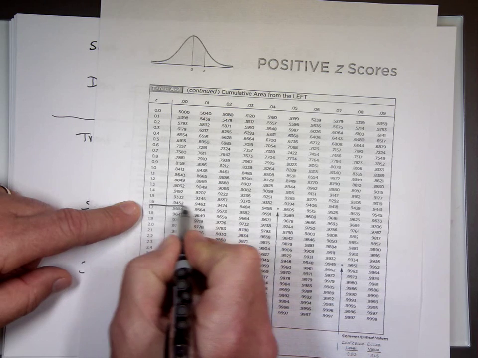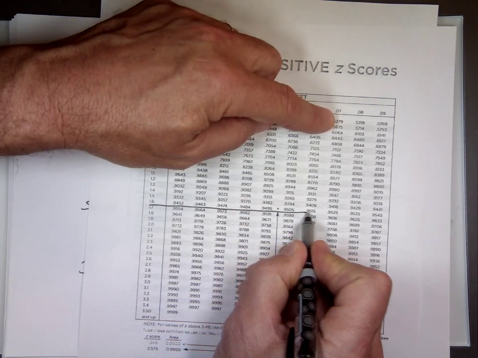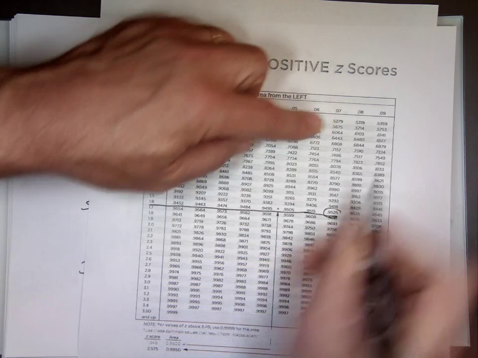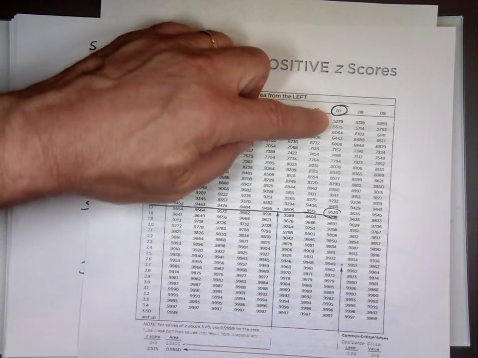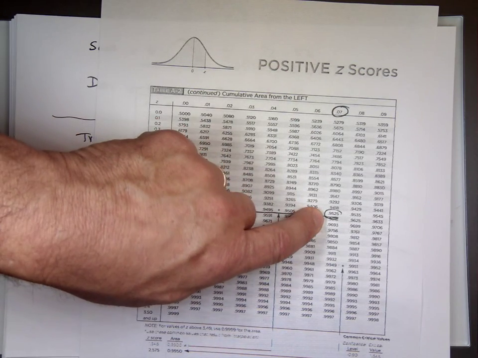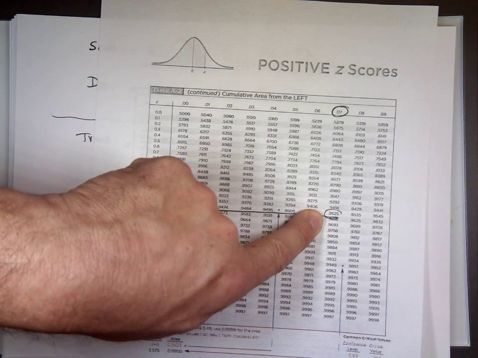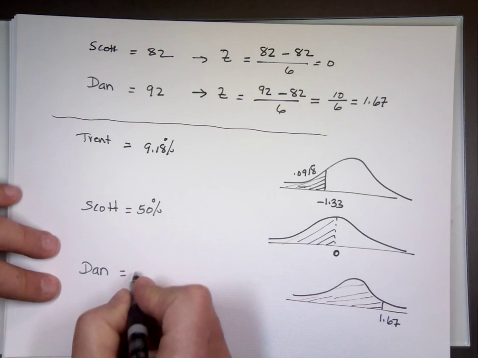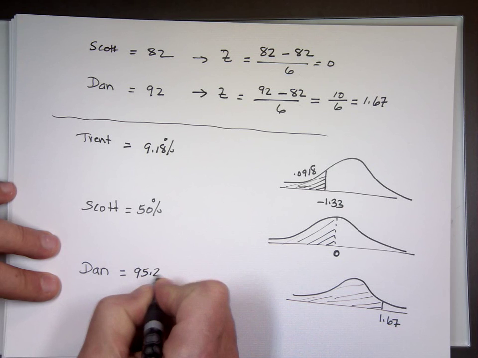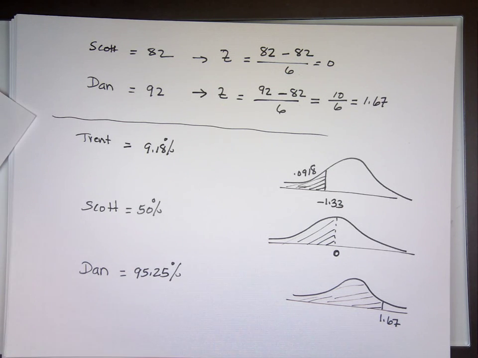This 1.6, and I'll keep going till I find the 7. Right here. See that 7? That's your second digit. 1.67. 0.9525. So 95.25%. Dan is actually in the top 5% of the class. 95% of the class scored below his score.